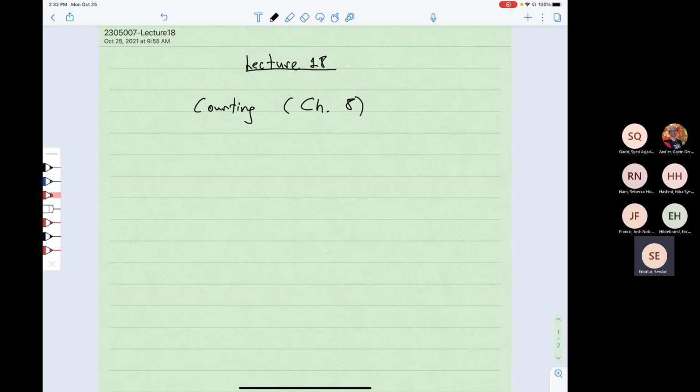So when we say counting, a non-mathematician and non-computer scientist would probably imagine what we normally call enumeration. Let's say I have a bunch of objects.